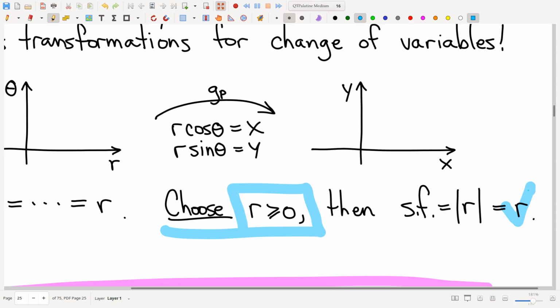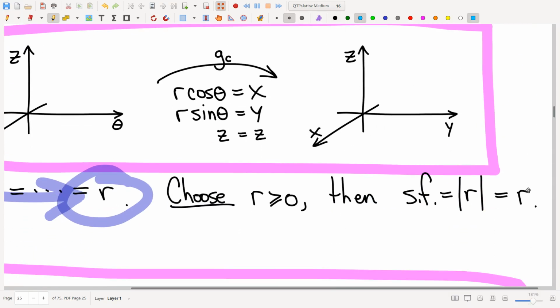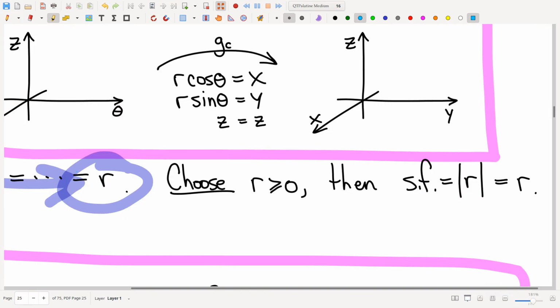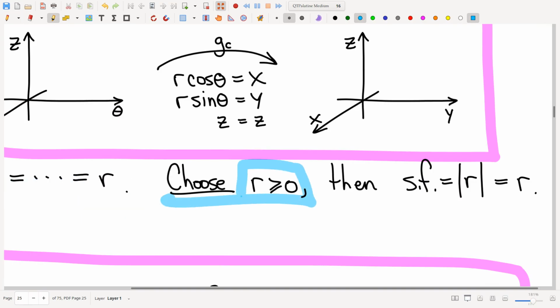Right? So this is a very small price to pay. Does that make sense? Likewise with cylindrical coordinates. Just promise to always choose pullback domains where r will always be non-negative. And cool, those absolute values just disappear in a puff of smoke.